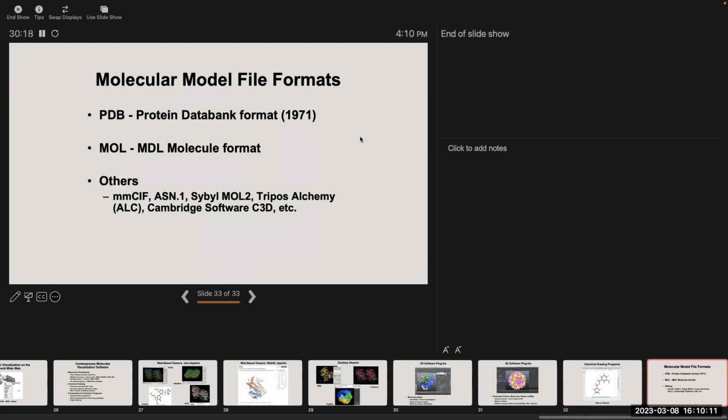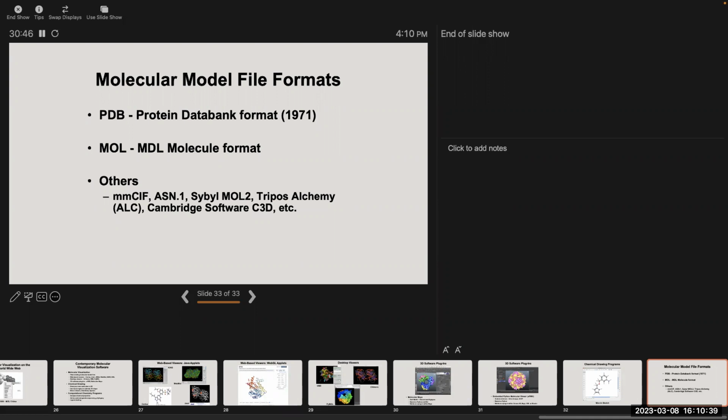And the last thing to mention to you, there are certain file formats that are used specifically for storing this kind of molecular data. So it's a file format specifically for molecular structures. The first of these to be produced was the file format called PDB.